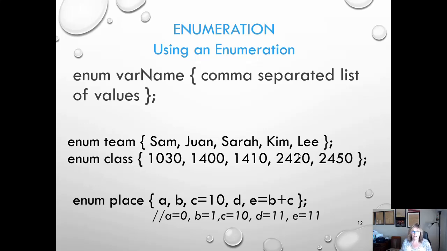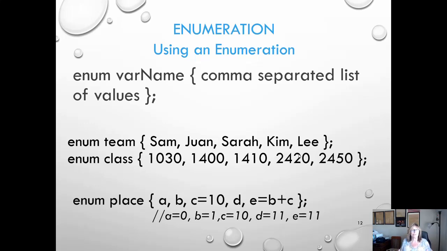So if I were to print out C, it is now going to equal 10. If I move on to D, the rules state that the next enumerator is going to be the previous enumerator plus 1. So we're going to go 10 plus 1, which is 11. And then E, I am setting it to B plus C, which is going to be 1 plus 10, which is also going to be 11.